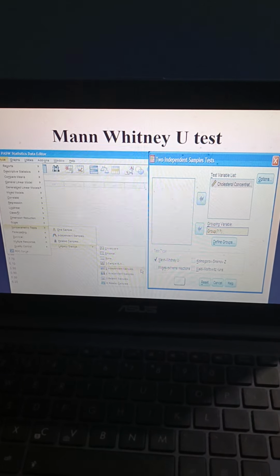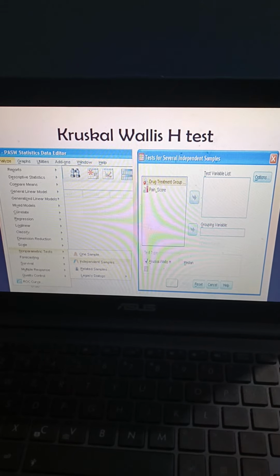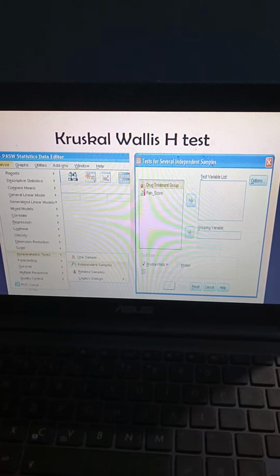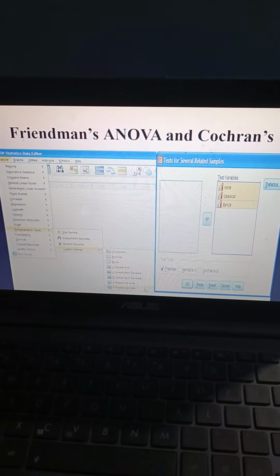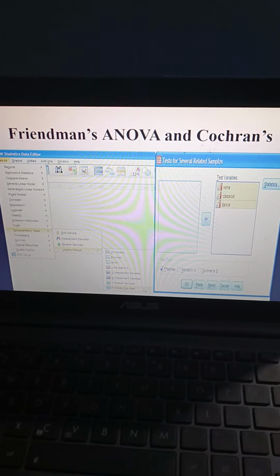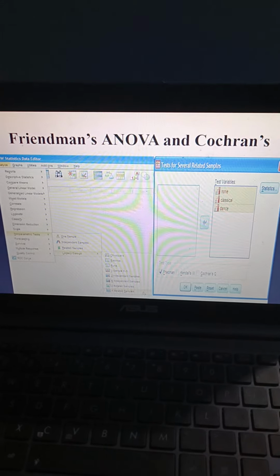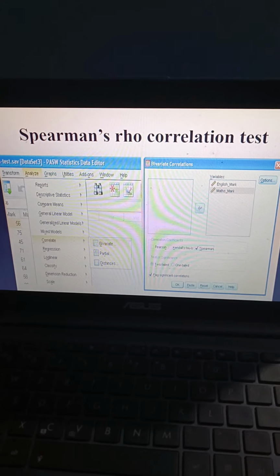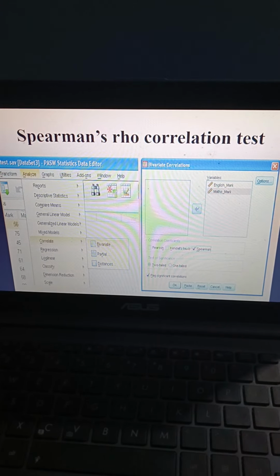In SPSS the Kruskal-Wallis H test can also be done according to the data. Friedman's ANOVA and Cochran's Q are also found in SPSS. Spearman's rho correlation test can also be done from SPSS.